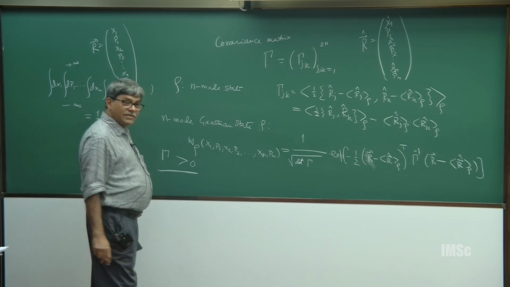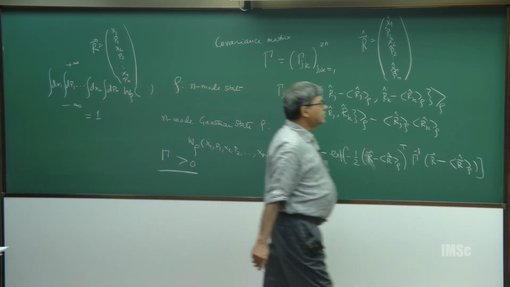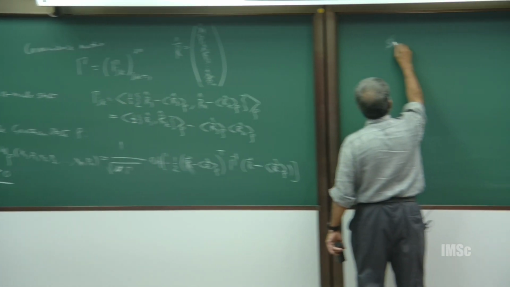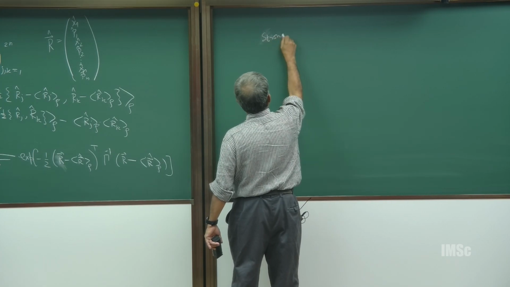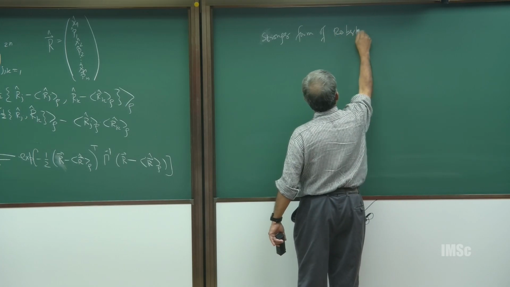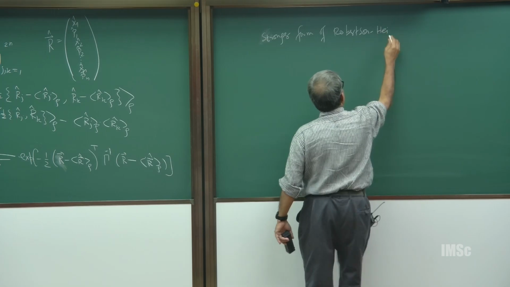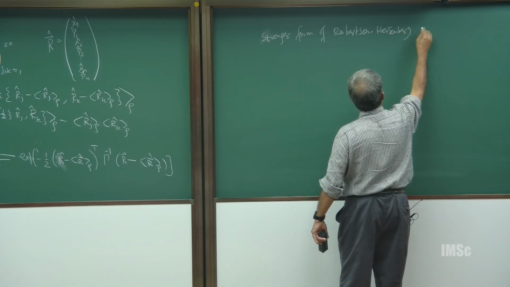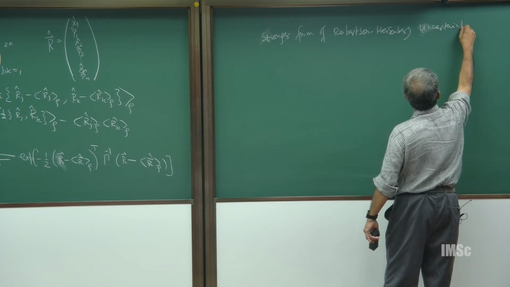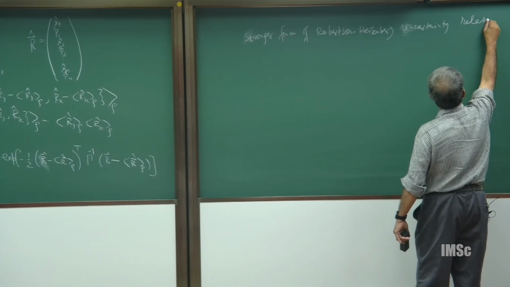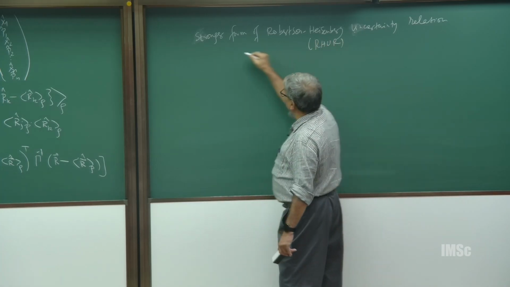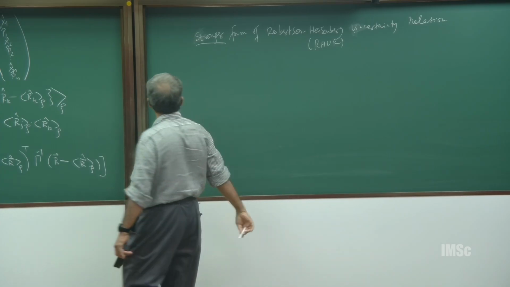And this something more is this uncertainty relation, which is basically a stronger form of the Robertson Heisenberg uncertainty relation. Okay. RHUR, and what is the stronger form? Basically, you will have to add the Schrodinger term.